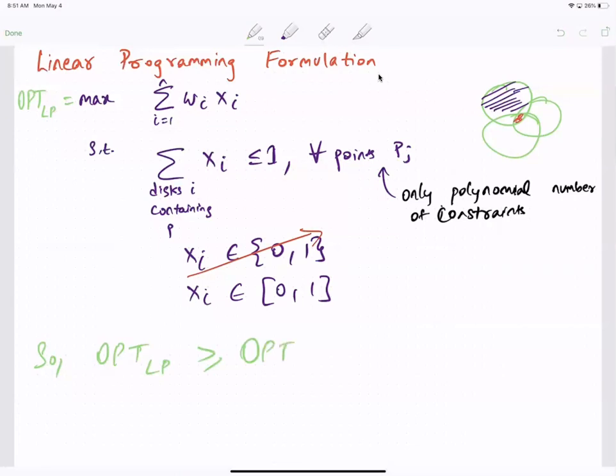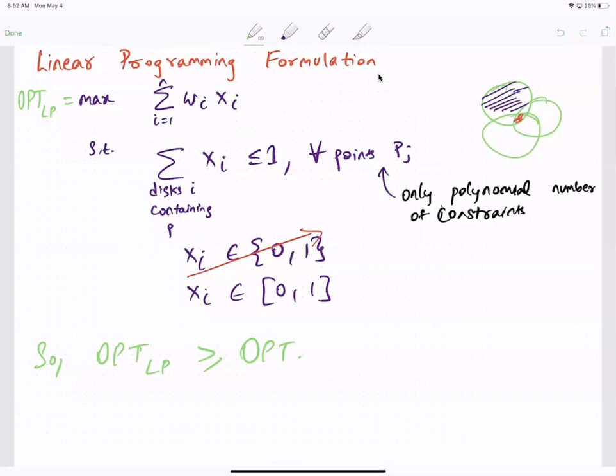This opt is the optimal solution for our original problem, the integer programming formulation. We took our independent set problem and formulated it as an integer program. That will have some optimal solution, which is what we are looking for, but of course we can't compute it. So then we relax this condition on xi.